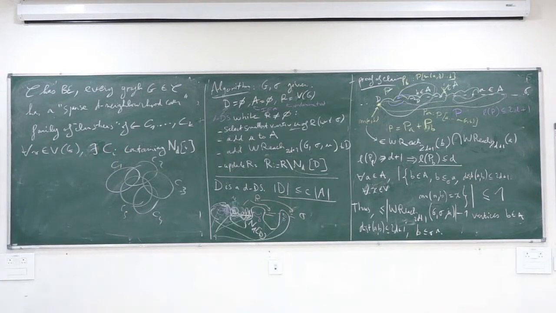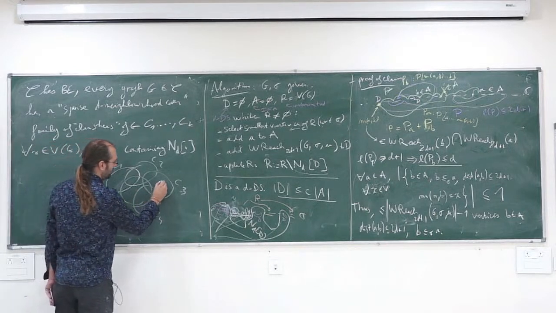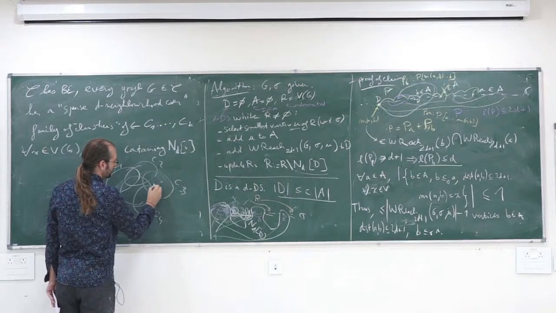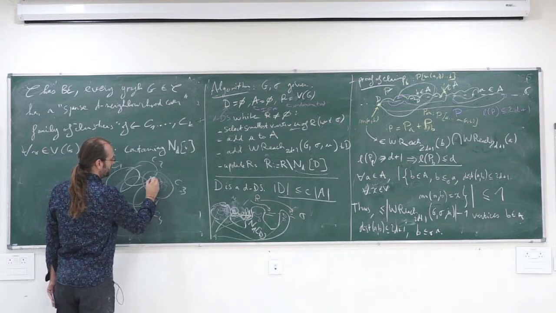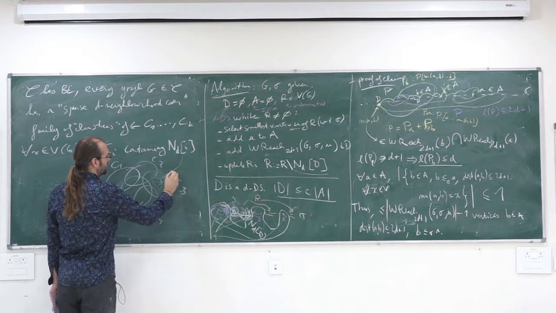Any vertex you want of your graph should be entirely contained in one of the clusters, meaning its neighborhood at distance D.